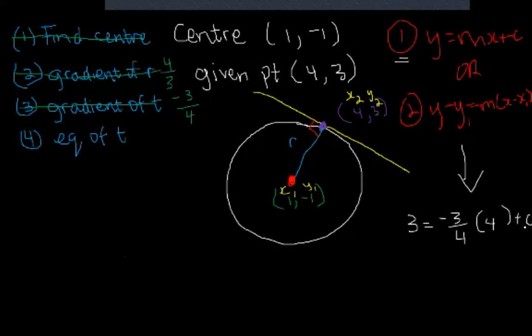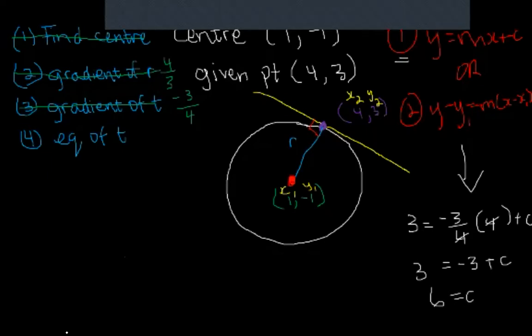For this method, what we need to find is the c. So 3 is equal to, these 4s would cancel, so I get minus 3 plus c. But we need to get c by itself, so add 3 on both sides. 3 plus 3 is 6, so 6 is my value of c.